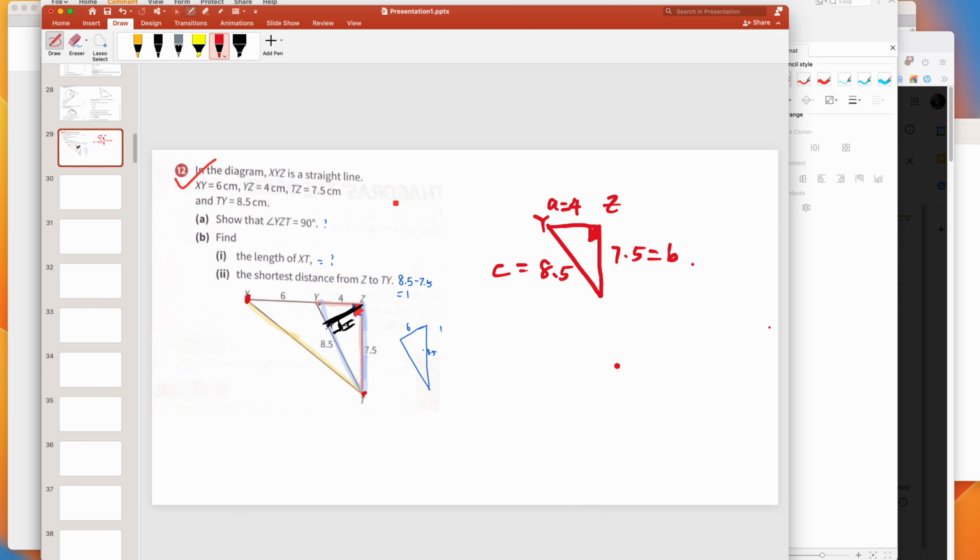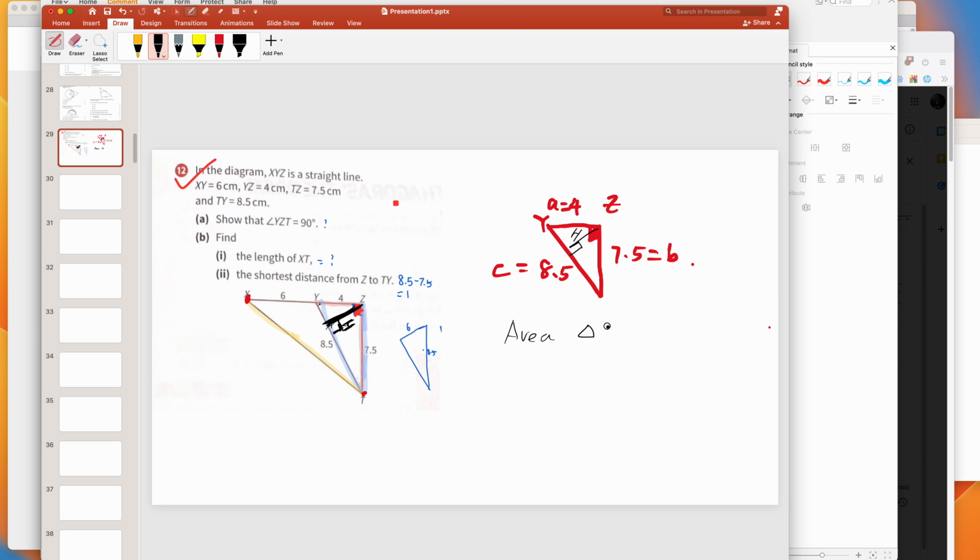Okay, good. So they want to find this height. Can you see or not? Okay, good. So now, what is the formula for area of triangle?